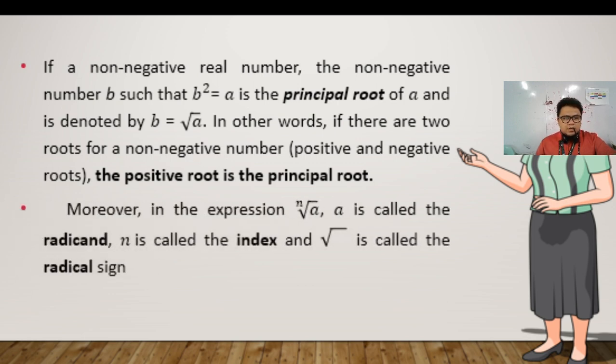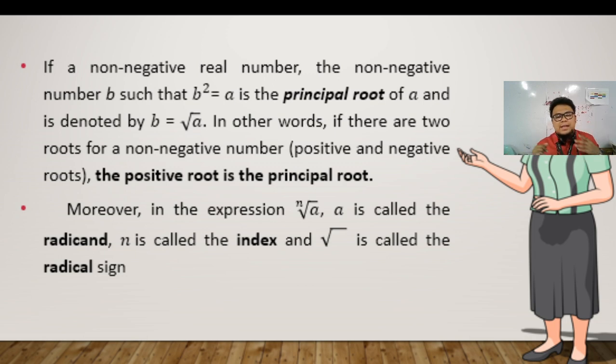Look at this one. For a non-negative real number a, the non-negative number b such that b squared is equal to a is the principal root of a, denoted by b equals the square root of a. In other words, if there are two roots for a non-negative number, the positive and negative roots, the positive root is the principal root.